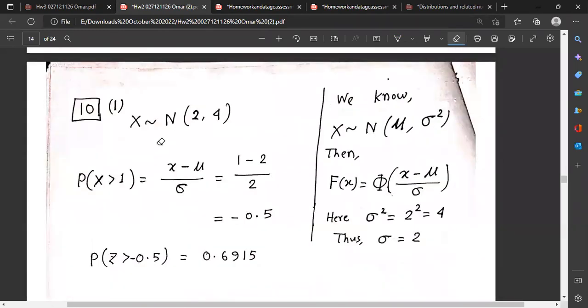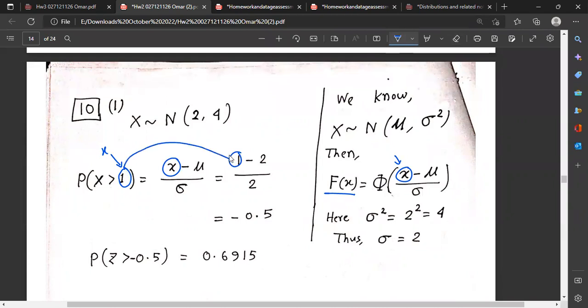Yeah. So see here, the formula here is F of X is equal to phi of (X minus mu) by sigma. So here X is greater than 1. So for this example, we let the value of X equal to 1. So here X is equal to 1, okay?